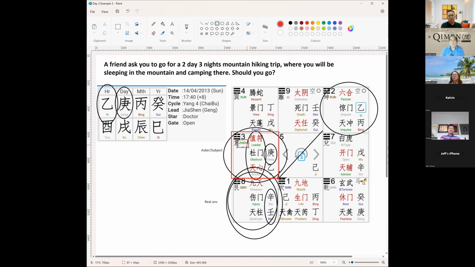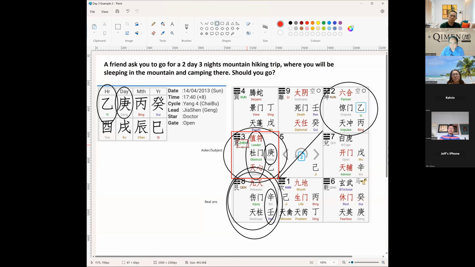This is wood. Why is it wood? Because it's green color. Box 3 is always wood. That means ourselves, we are represented as wood. I am the asker, I am the subject, I am represented by wood. That's all. We don't care about anything else. We just see this box itself, box 3, we are the wood.